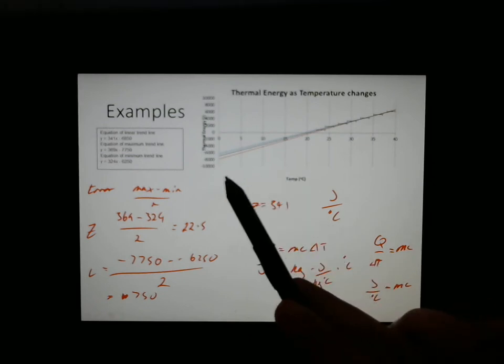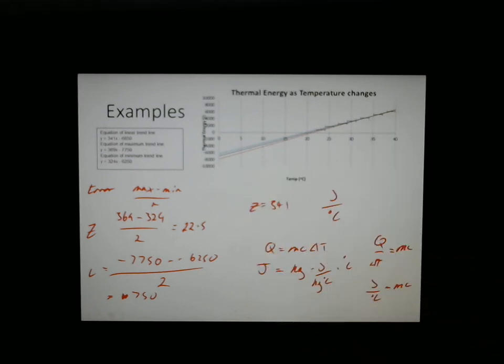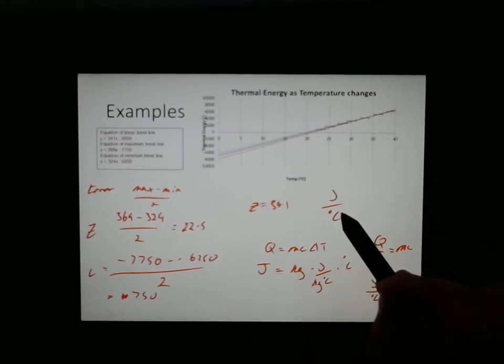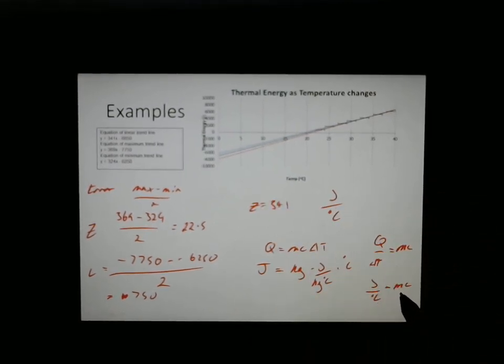So if I had a graph like this, I could take that gradient, and we can see here my gradient is equal to joules per degree Celsius, but joules per degree Celsius is also equal to mass times specific heat capacity. Okay, if I wanted to get that joules over degrees Celsius here, I'd have to multiply these two things together to get rid of the kilograms.